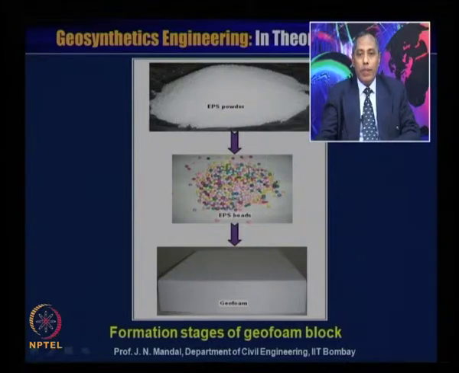This is the kind of beads produced from the EPS powder, and these beads can also be used for drainage. This EPS block is also for other applications, and from these EPS beads you can produce the geofoam. So this is the formation stage of the geofoam block.